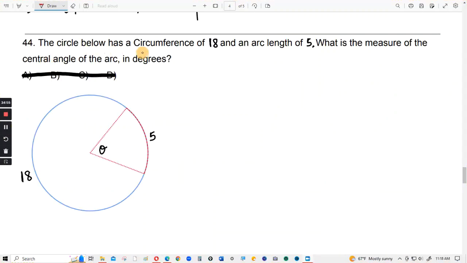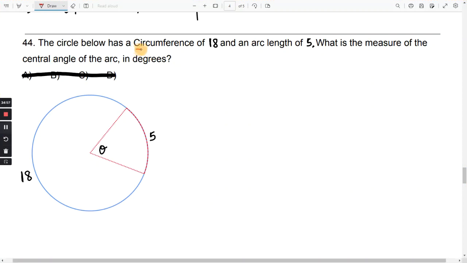The circle below has a circumference of 18 and an arc length of 5. What is the measure of the central angle of the arc in degrees? All right, we can set up a ratio and proportion.